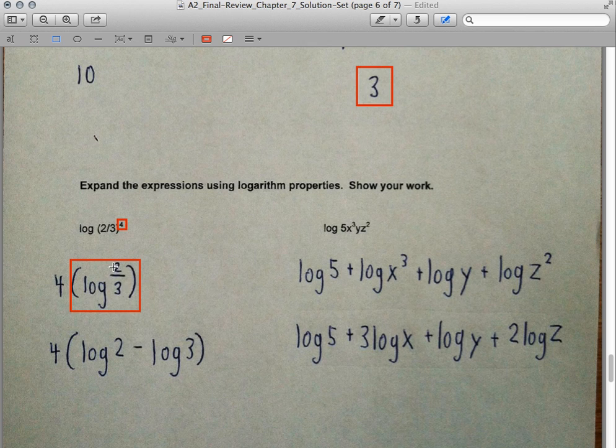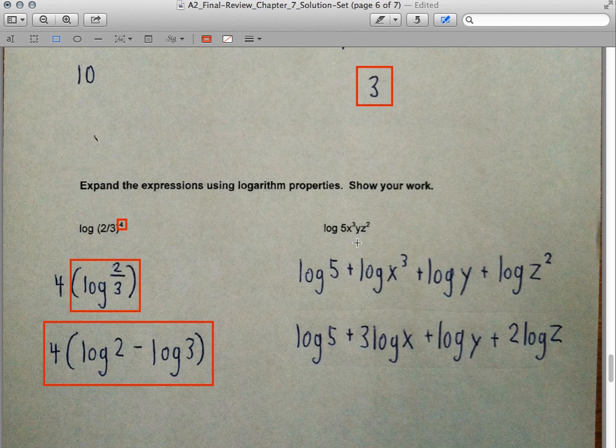So log of 2/3 can also be split up and expressed as log of 2 minus log of 3. And this here can be the simplified version or the expanded version using the logarithm properties.